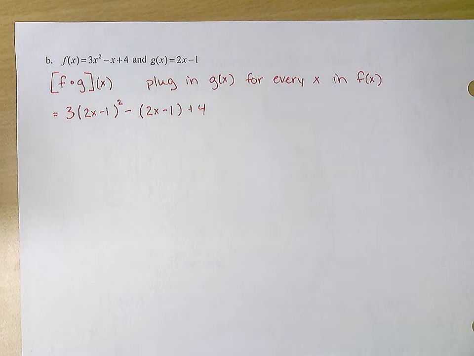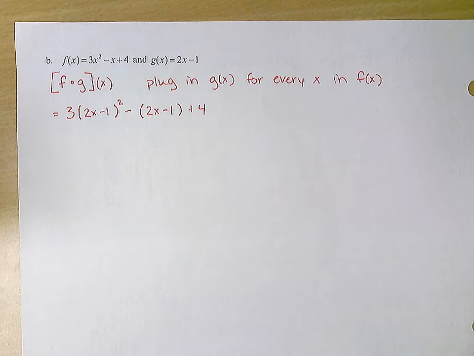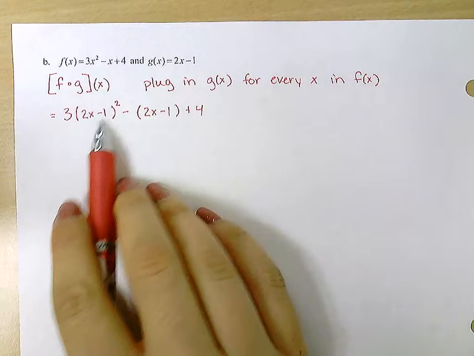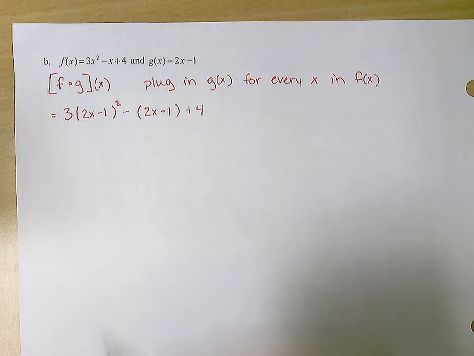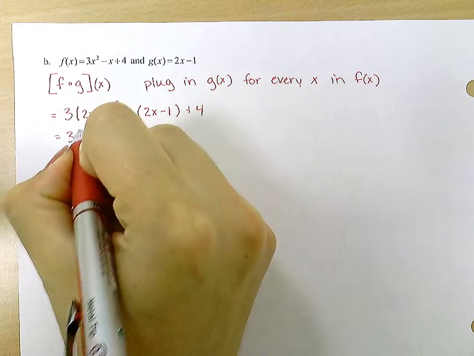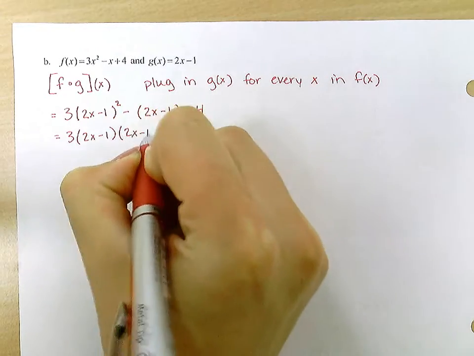From here, we want to simplify. Now, if I have a quantity squared like this, do I distribute my square? No. Square means you're multiplying one thing by itself. So that means you can rewrite this as 2x minus 1 times 2x minus 1.